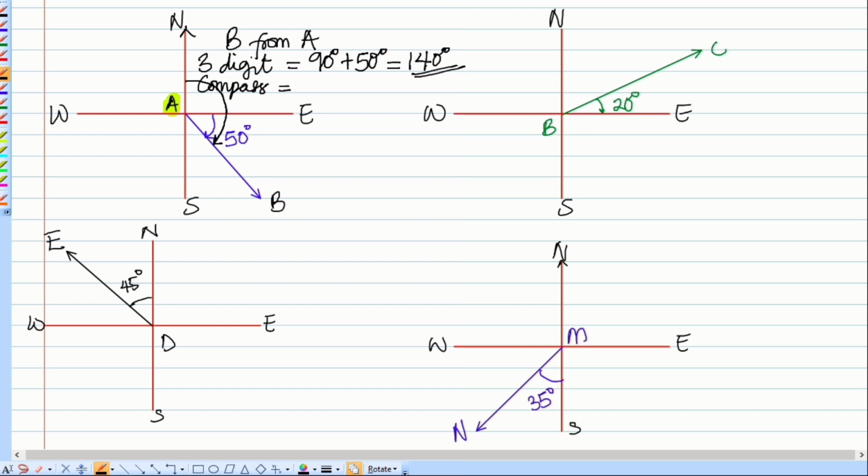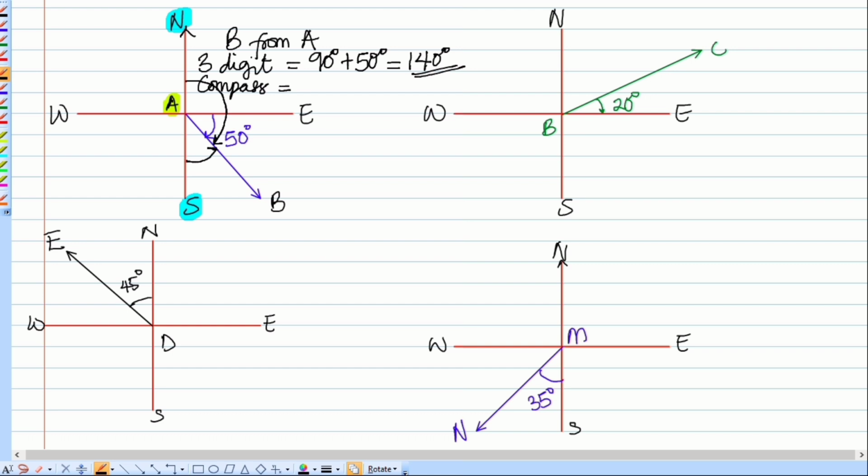Now, in the compass method, remember we said that it is the angle that is formed either from the south or the angle formed either from the north. So you see that this our line now is towards the south, because from the east we are going towards the south. So in this question we're checking the angle that is formed with the south.